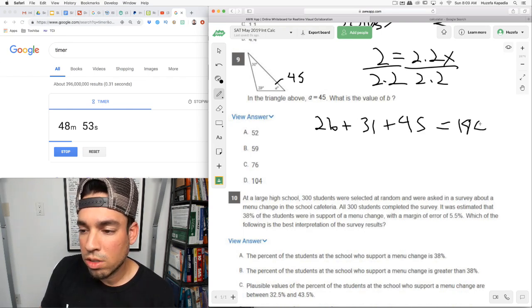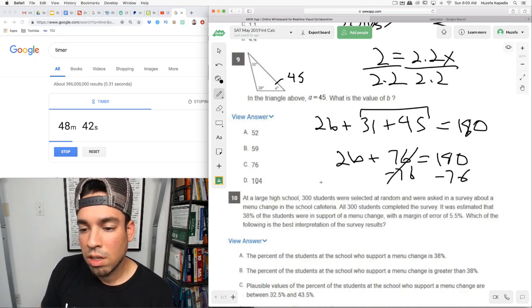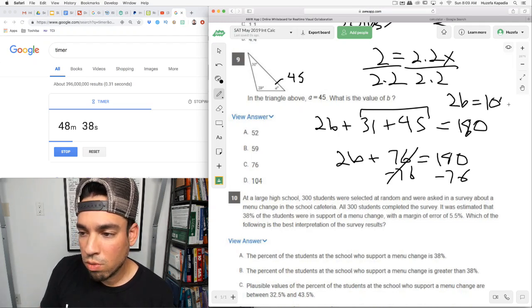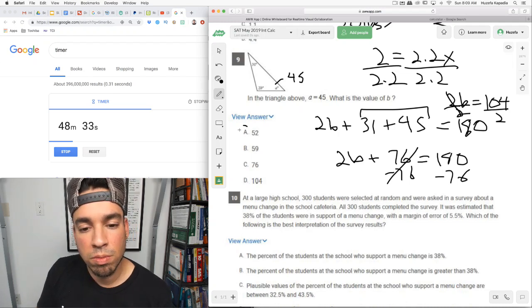That's all triangles. The angles add up to 180, and that's our guiding post. Then this becomes 76 equals 180. Subtract 76, and we get 2b equals 104. Divide both sides by 2, and I get 52.